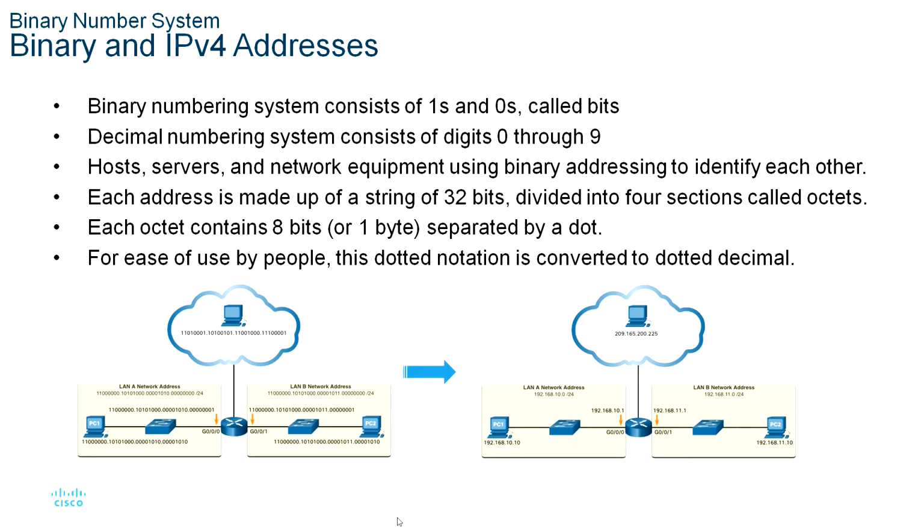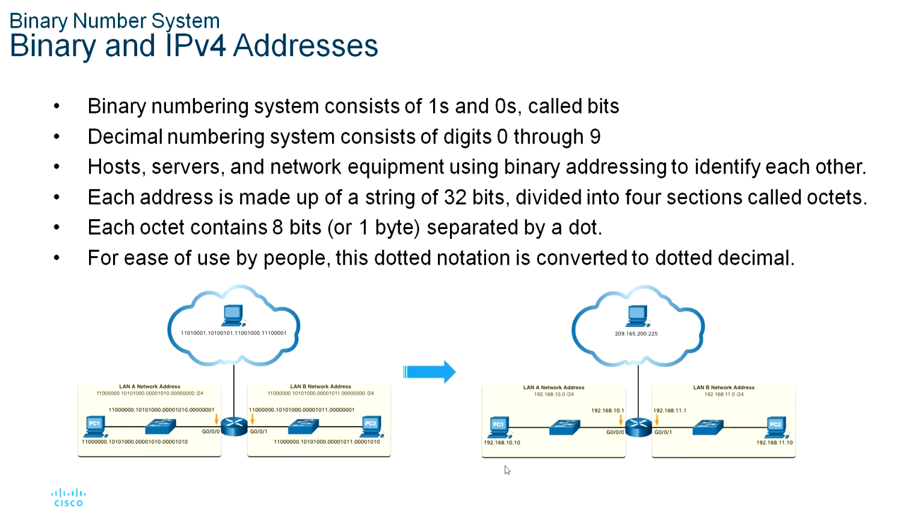Binary works well with hosts and network devices. However, it is very challenging for humans to work with. For ease of use by people, IPv4 addresses are commonly expressed in dotted decimal notation. PC1 is assigned the IPv4 address 192.168.10.10 and its default gateway address is 192.168.10.1 in the diagram.